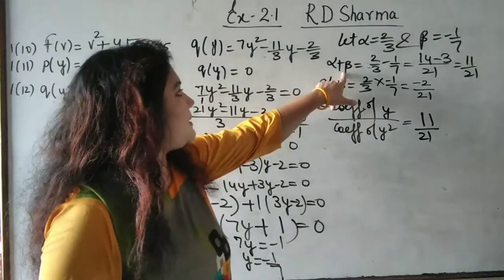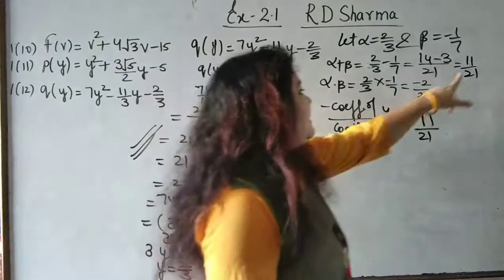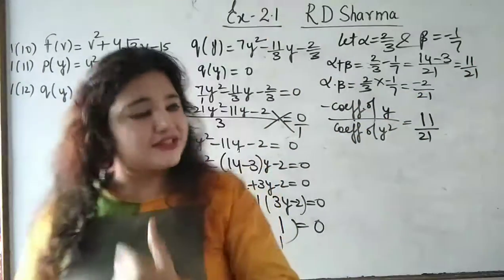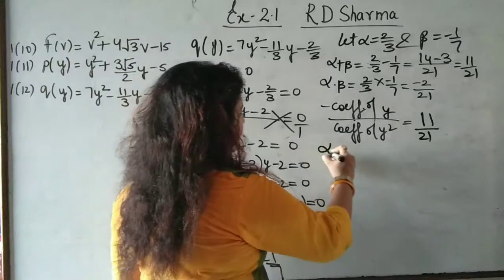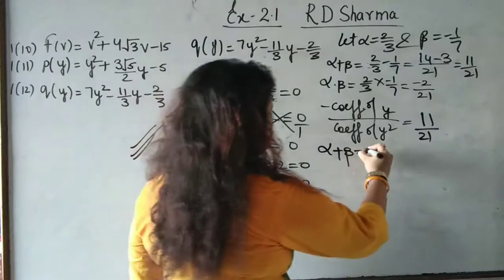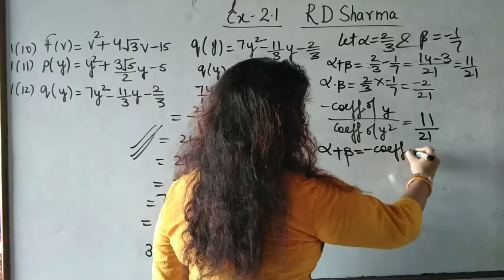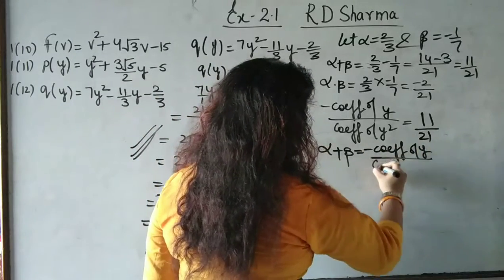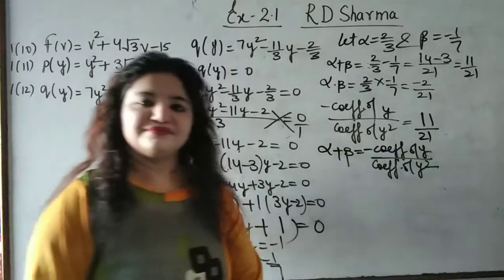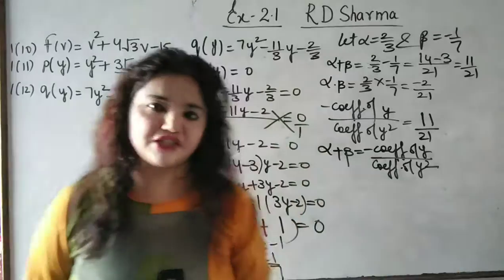And alpha plus beta we had already calculated, this is also 11 by 21. So what relation are we going to verify? Alpha plus beta is equal to minus coefficient of y upon coefficient of y square. We verified the relation.